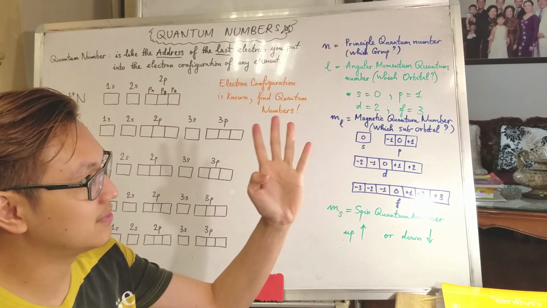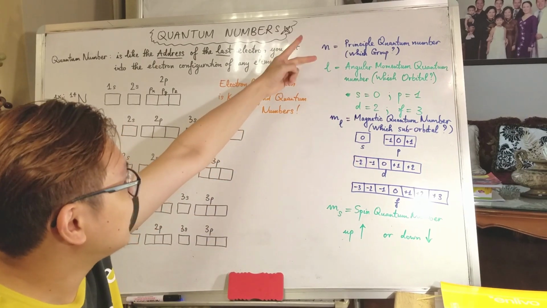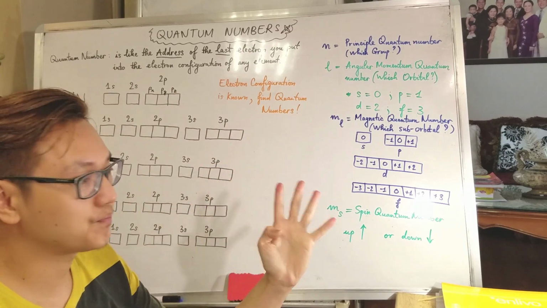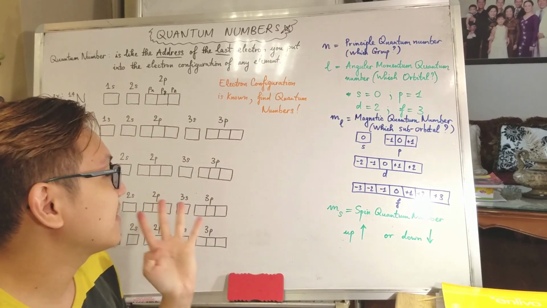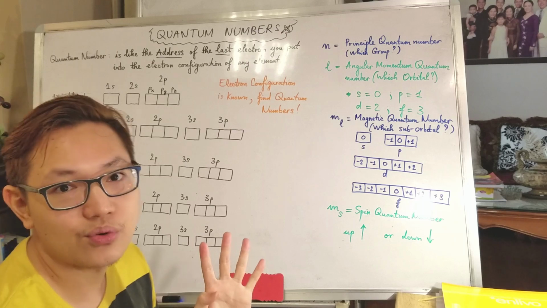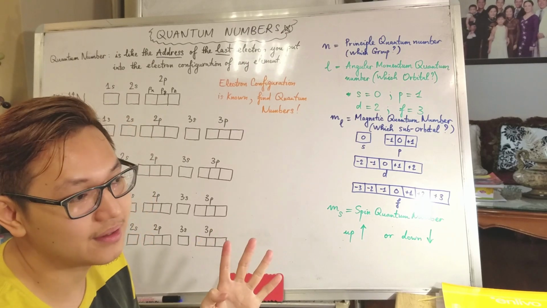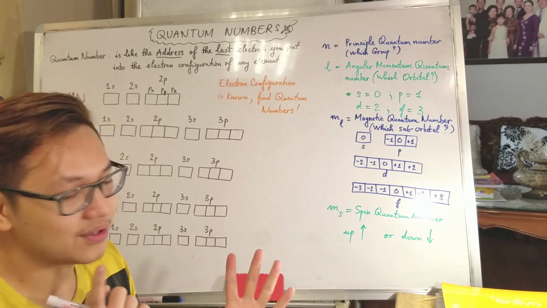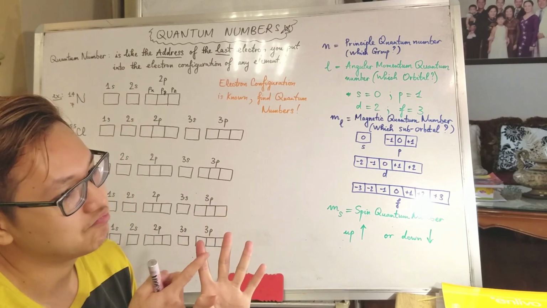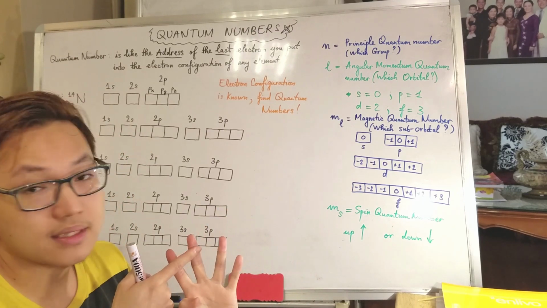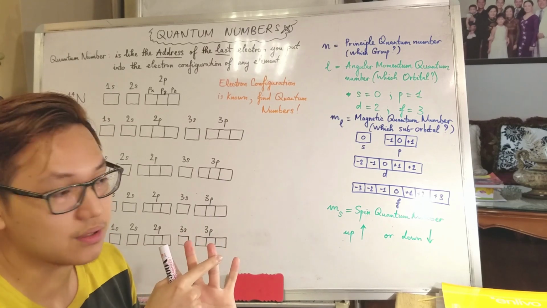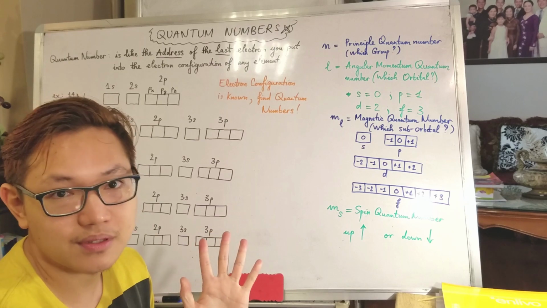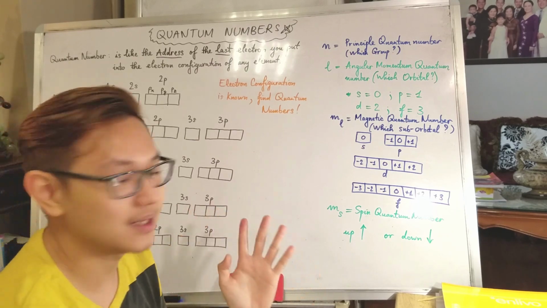There are 4 quantum numbers: the N, the L, the ML, and the MS. It's like an address. For example, an address has country, city, district, street name, and sometimes street number as well. So like an address, okay?